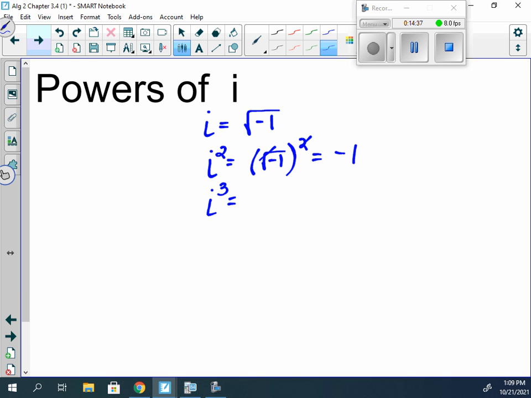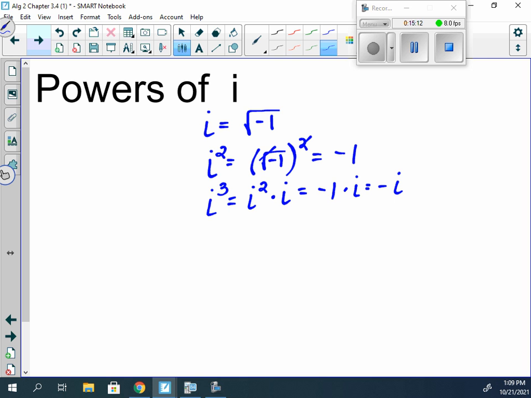Well, i cubed would be the same as i squared times i. Now we're breaking this up because we already found i squared, yes? i squared is? So we have negative 1 times i, which is just negative i, because we can leave it as i. We just can't have i to a power, to an exponent greater than 1. So that's fine. So i squared is -1.